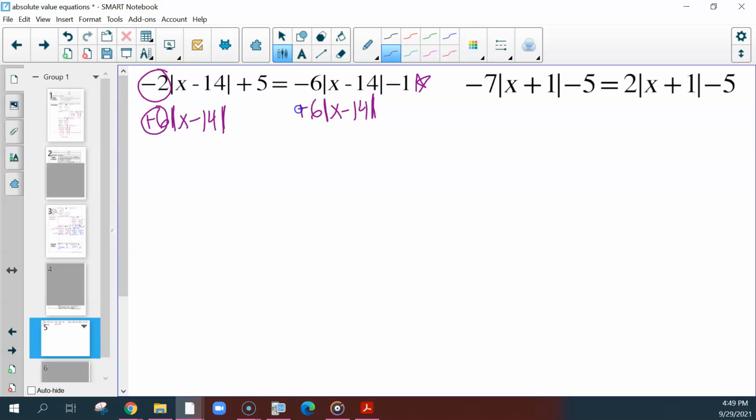So negative 2 plus 6 would give me a positive 4. When I combine like terms, I just keep one of them, so that would also happen here. And I still have that minus 1 on the other side, so that just gets brought down. Now, this looks like something we've been doing. It doesn't look as complex. So I need to isolate the absolute value by subtracting 5.